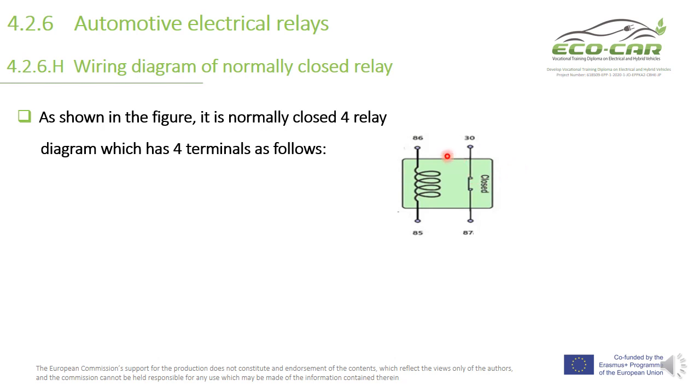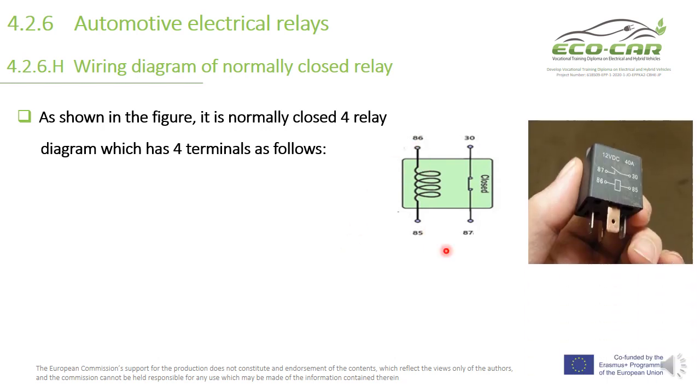Here it is closed. The contact is closed between pins 30 and 87, and the coil is between terminals 85 and 86. This is the shape of this kind of relay. Still, it is 12 volt DC, 40 amps.